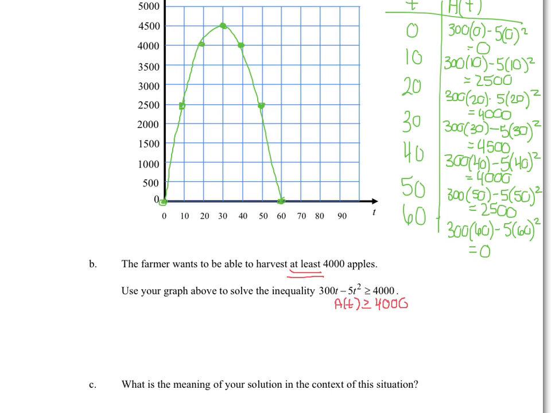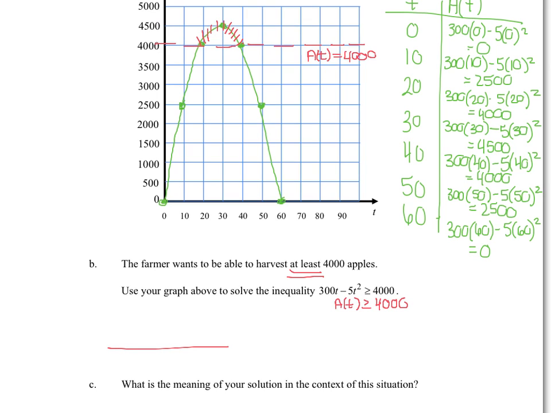Basically, when are the y values on my graph greater than or equal to 4,000? Well, if we look at our graph, this is 4,000 right here. So this is when a of t equals 4,000. We want all values of t that give us a y value greater than or equal to 4,000.